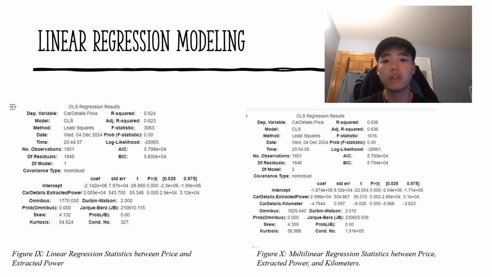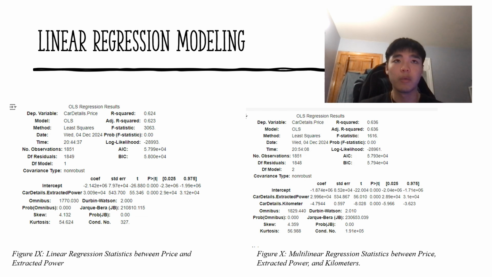And for our multilinear regression modeling, we also selected the car kilometer as another independent variable. From this, we found that the f-stat value is 1616 and the r-squared value is 0.636, which has increased from 0.624, which shows that the car kilometer also plays more of a role in the prices of the cars.